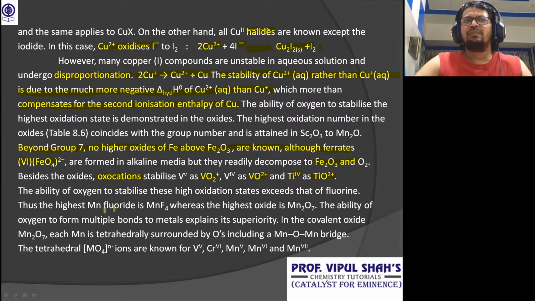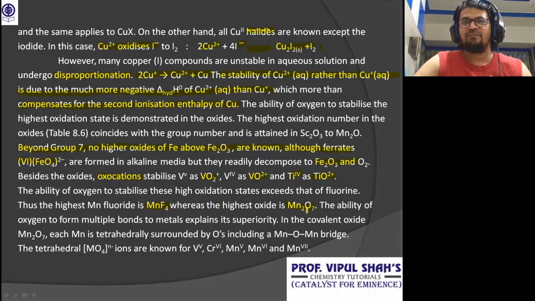So here the ability of oxygen to stabilize its states exceeds that of fluorine. The highest state of Mn with fluorine is MnF4, whereas the highest oxide it forms is Mn2O7, that's dimanganese heptoxide, where Mn is plus 7. So stability is more with respect to oxygen as compared to fluorine. Why? The reason, oxygen can form pi multiple bonds.